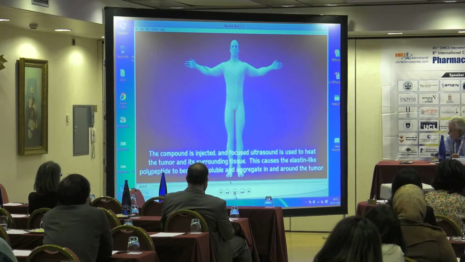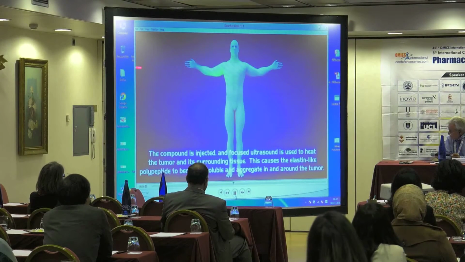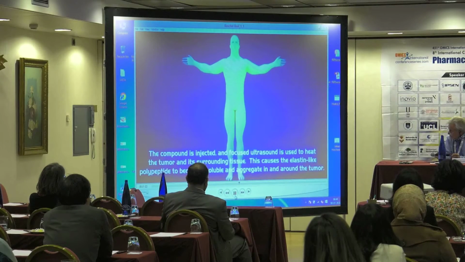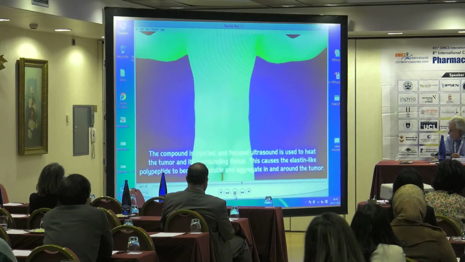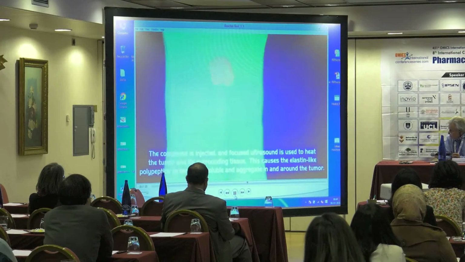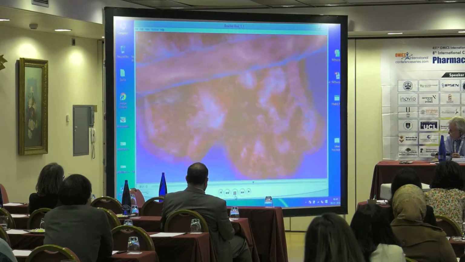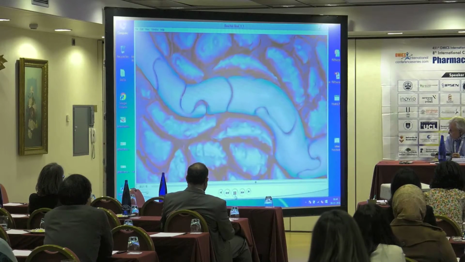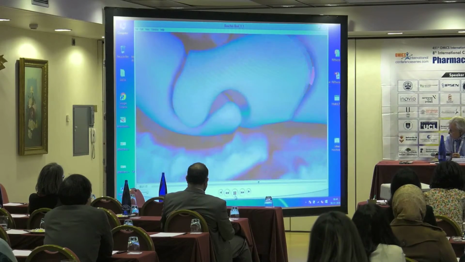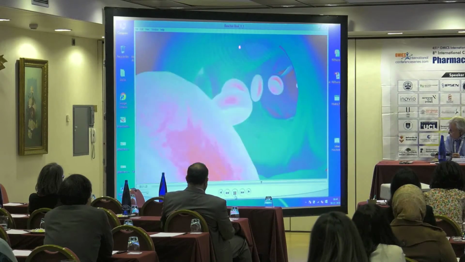So the idea is you use one of these peptides and then you inject systemically, and now you have heat. So heat is applied, and if you look inside the tumor, these are some blood cells flowing.